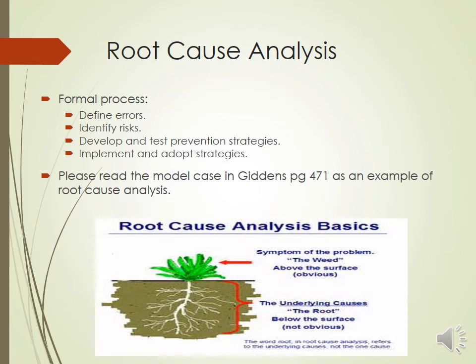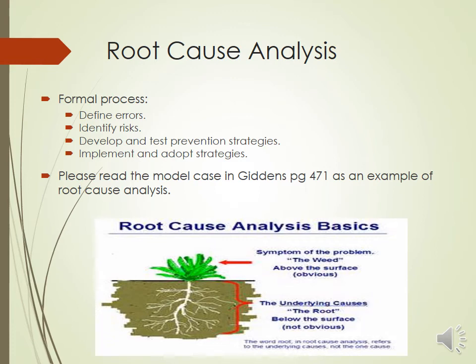So basically what I just described, what the risk management team does, is the root cause analysis. They go through a formal process, much like the nursing process, where they define the errors within the system. They identify the risks associated with the tasks, procedures and policies of the system.